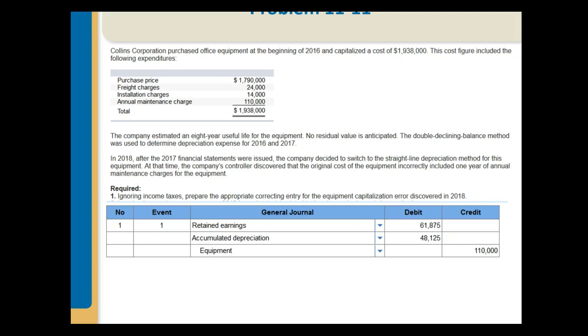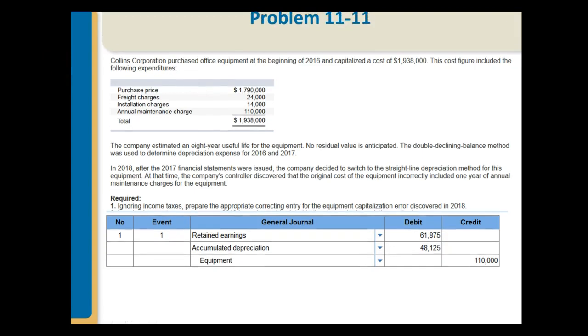So let's take a look now at problem 11-11 here. Collins Corporation purchased office equipment at the beginning of 2016 and capitalized a cost of $1,938,000.